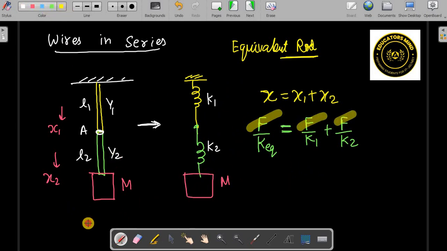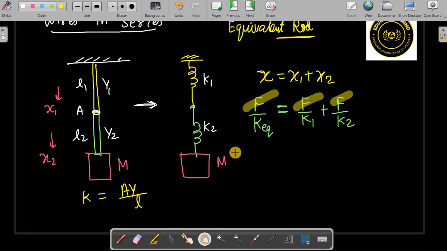Now K, I told that K is AY by L. We can use this. So here you can write area is also the same. If you want, you can write Y by, you have to take reverse of this, right? Reverse of this, 1 by K. So it will become L by AY, correct?